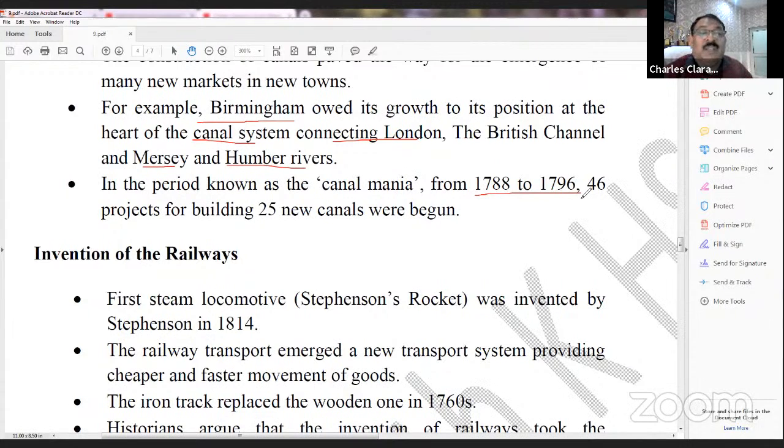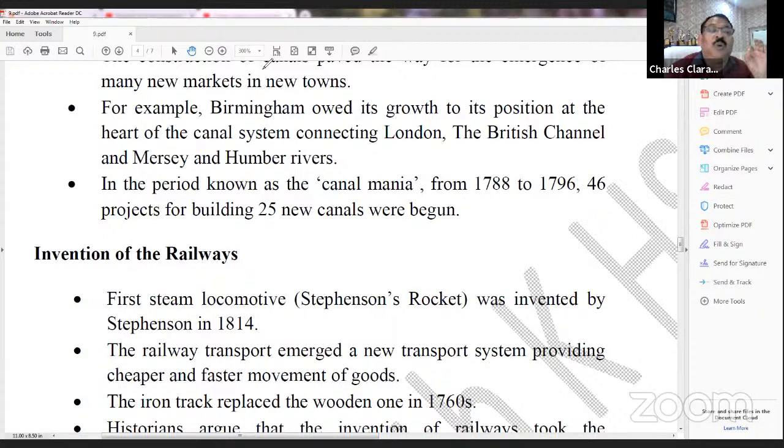There were 46 projects for building, and within this span of almost 8 years, 25 new canals were constructed. Fantastic. Just in 8 years.